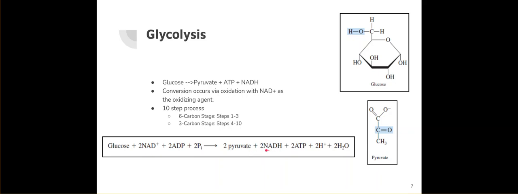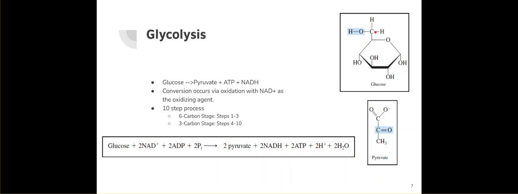You will get 2 moles of a reduced NAD plus. You'll get 2 ATPs out of that. So we're adding a phosphate on to that ADP. And we will have 2 hydronium ions left over, as well as water. And the oxidizing agent of all this is the NAD+. It is oxidizing the glucose and itself being reduced.